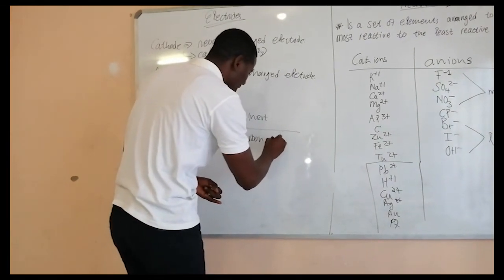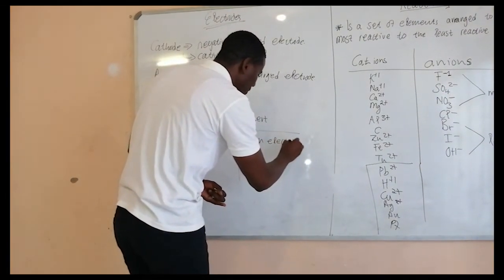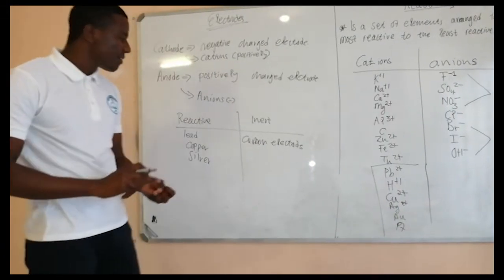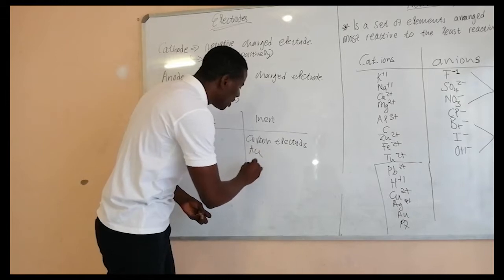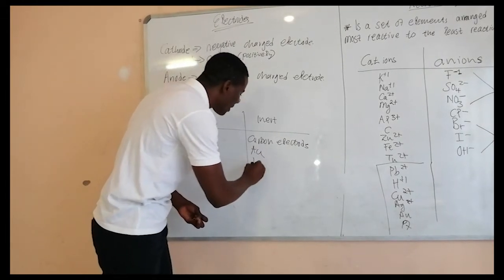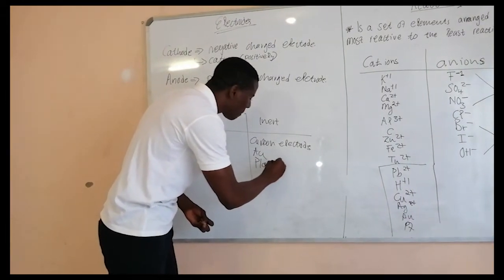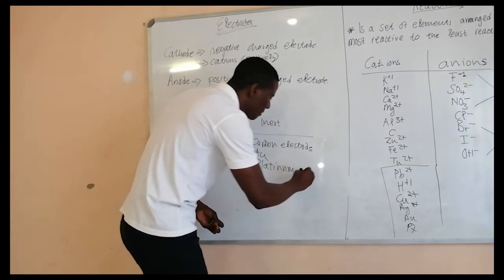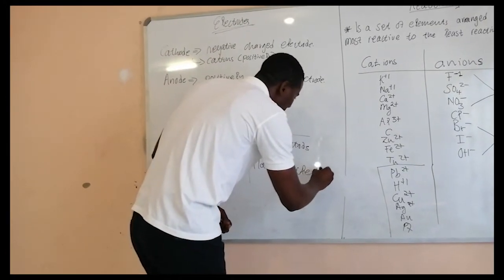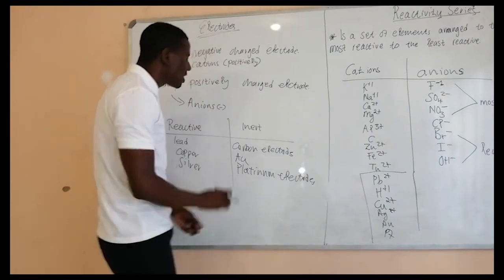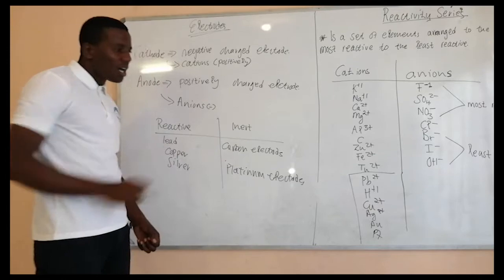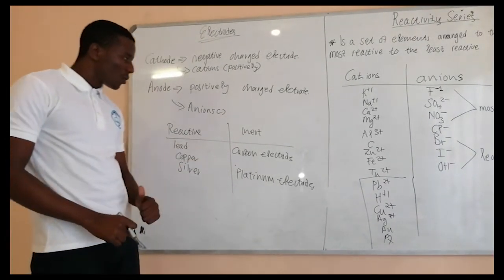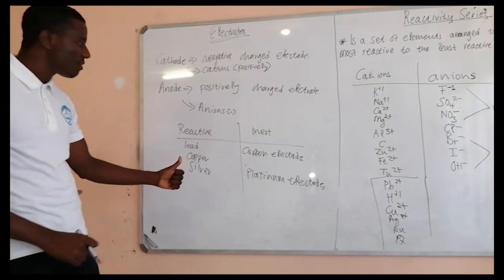The second one is gold, but the most important ones are the platinum electrodes. So these are the two types, and we can forget about gold for now.